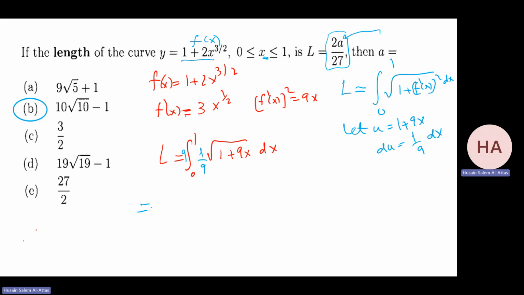So that gives me what? Integral from where to where? At 0, it is 1, and at 1, it's 10. Okay, this is du, u to the power half, du. That will be 1 over 9 times 2 over 3, u to the power 3 over 2, from 1 to 10.